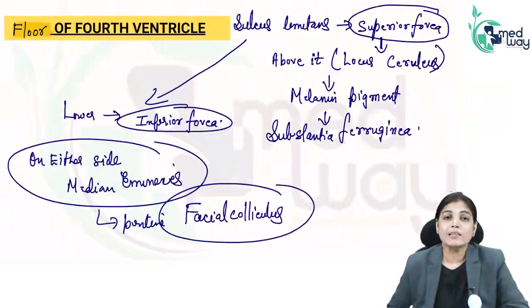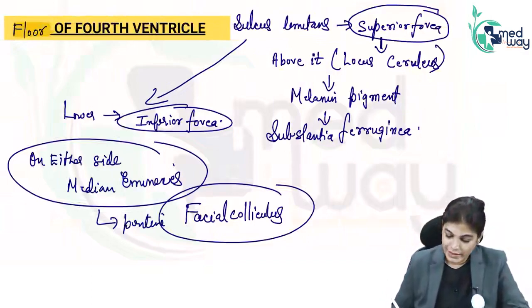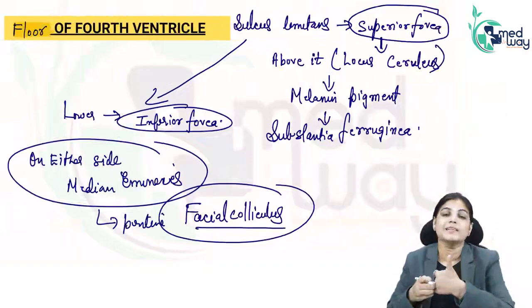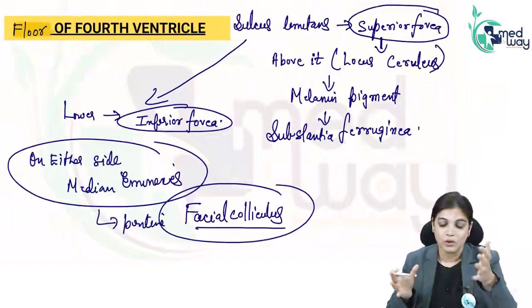The facial colliculus is formed by the winding of motor fibers of the facial nerve around the abducens nerve nucleus, so it is called the internal genu of the facial nerve. Why is it called internal? The facial nerve itself is not the content, but the motor fibers winding and forming an elevation, that is the facial colliculus, is the content of the floor of the fourth ventricle.